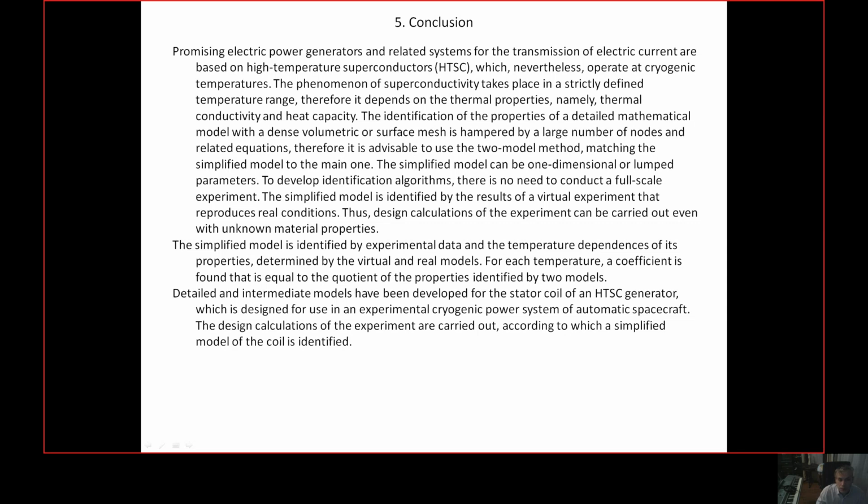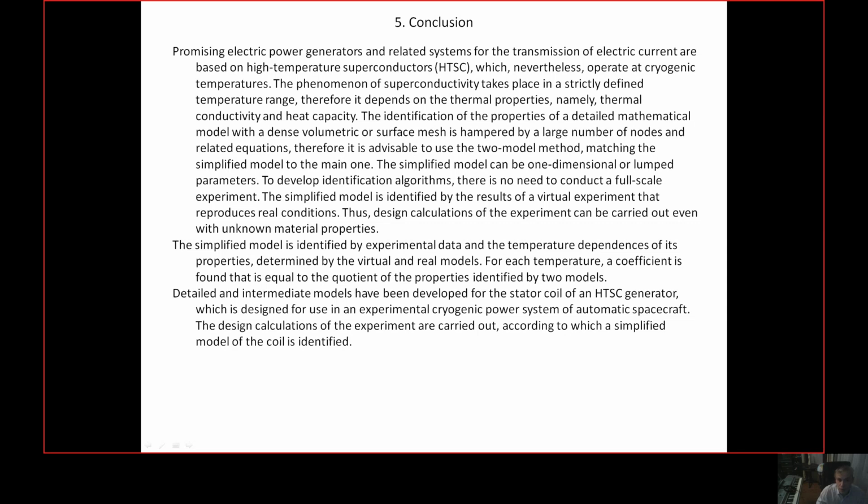Therefore, it depends on the thermal properties, namely thermal conductivity and heat capacity. The identification of the properties of a detailed mathematical model with a dense volumetric or surface mesh is hampered by a large number of nodes and related equations.